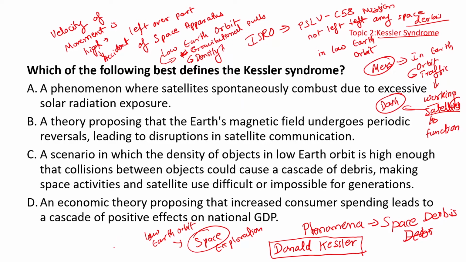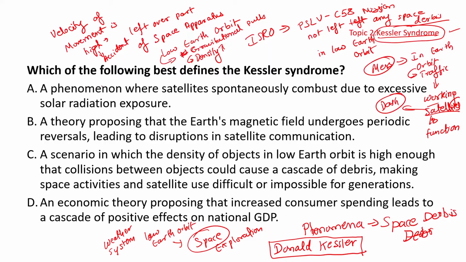It is also very important for knowing weather systems. So the Kessler syndrome, my dear friends, has to be avoided, and humanity as such needs to move towards accepting the Kessler syndrome and fighting it.